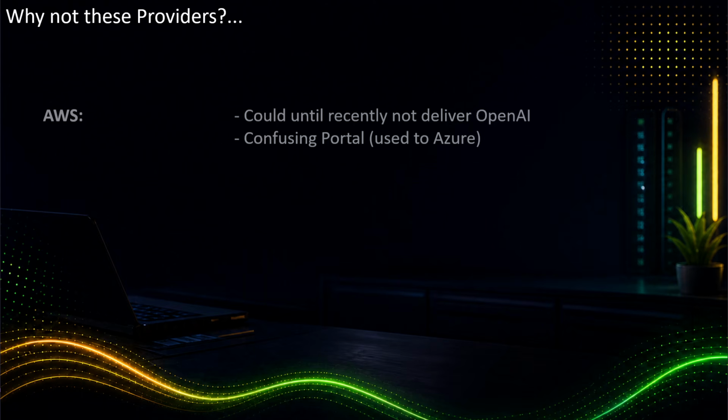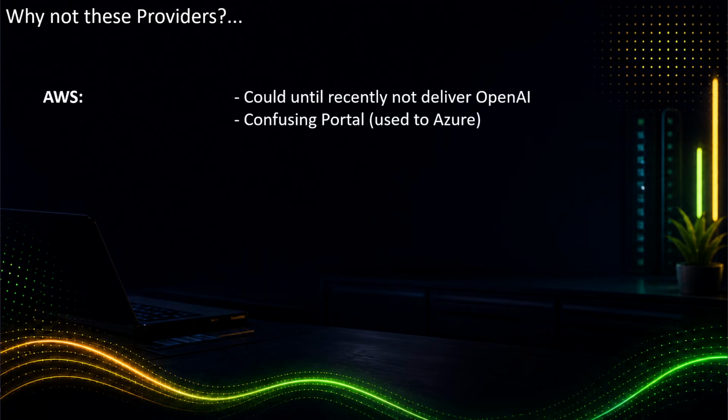When it comes to providers, I don't use AWS because until recently they didn't deliver OpenAI models, and in general, I've always felt like AWS is a very confusing portal compared to Azure. It's probably just because I am used to Azure compared to AWS, so kind of legacy more than anything here.